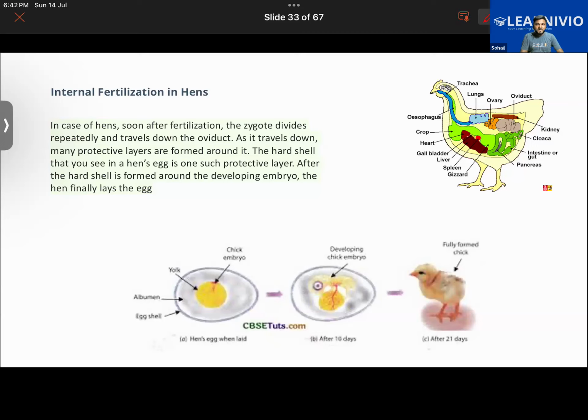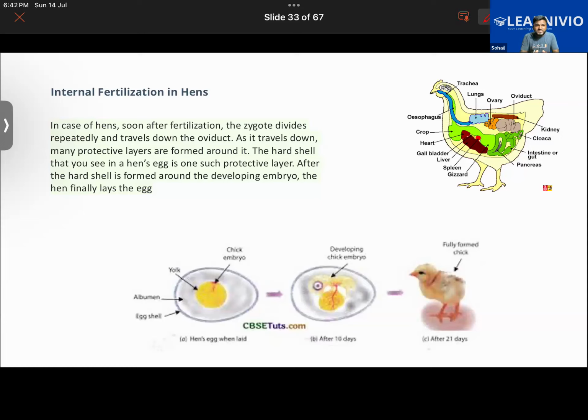So hens can lay eggs even if the eggs are not fertilized. If the egg is fertilized, a chick will come out of it after 21 days. If that egg is not fertilized, no chick will come out of it after 28 days. So a hen can lay both a fertilized egg and an unfertilized egg.